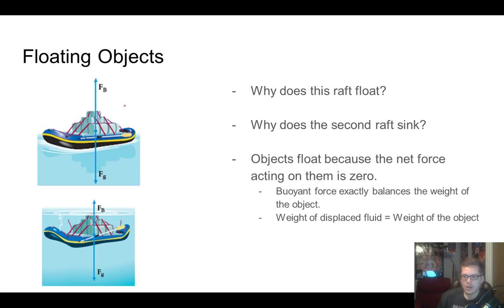Those two are equal to one another, so F_B is equal to the force due to gravity. Therefore the net force on this raft is equal to 0, so F net equals 0, and that's essentially all there is. If whatever you're talking about is floating in whatever it is, then you've reached the point where your net force is equal to 0.